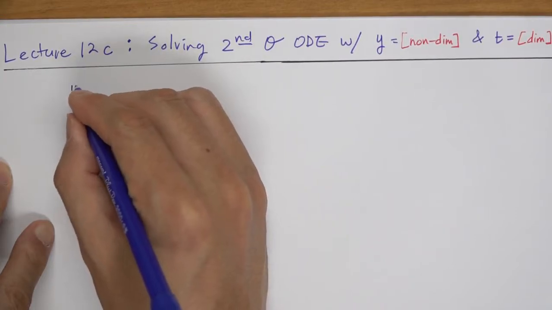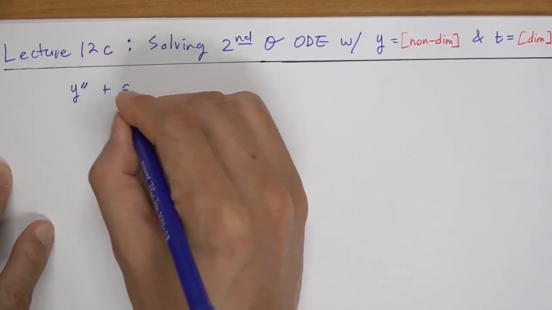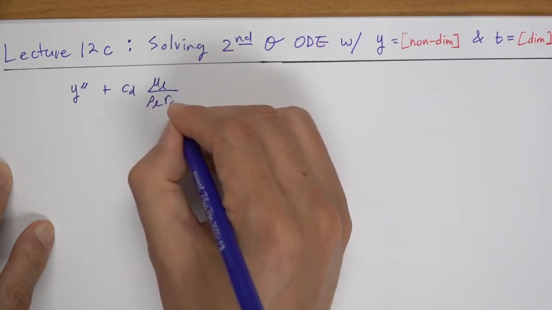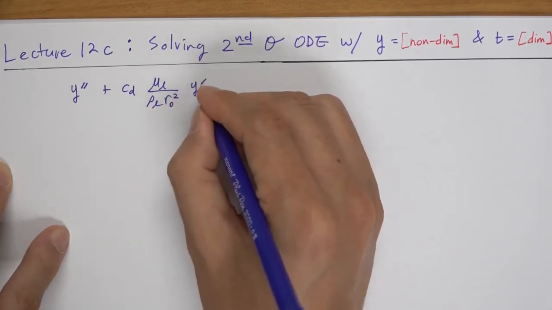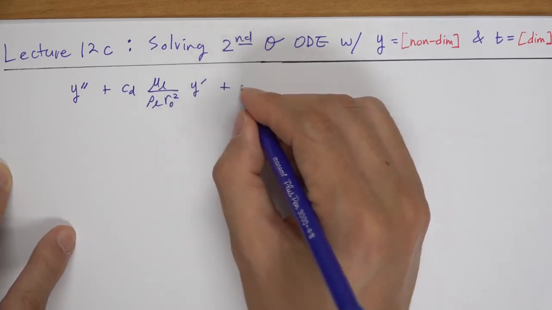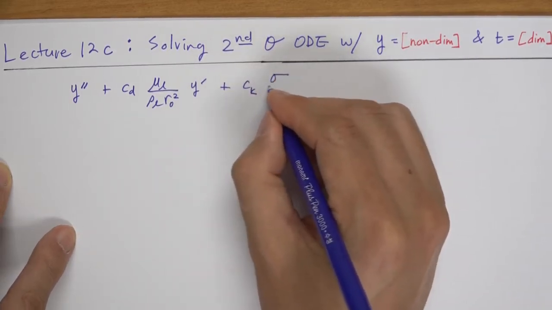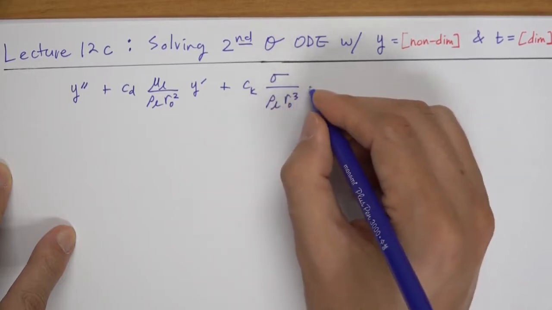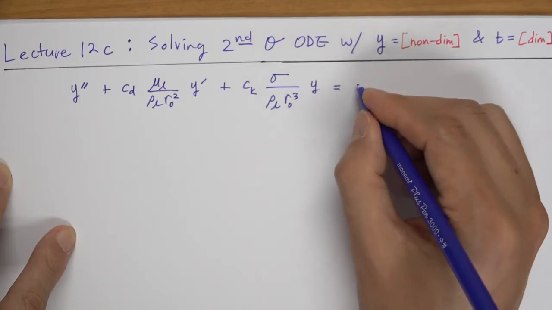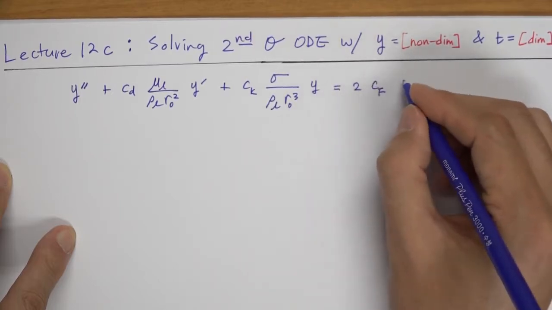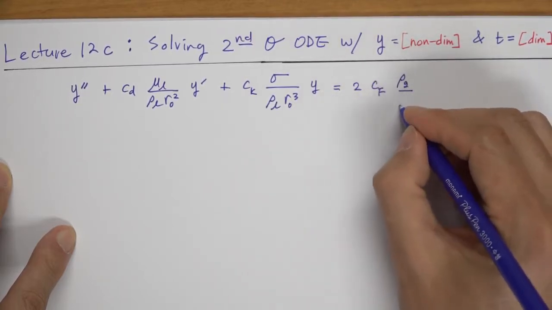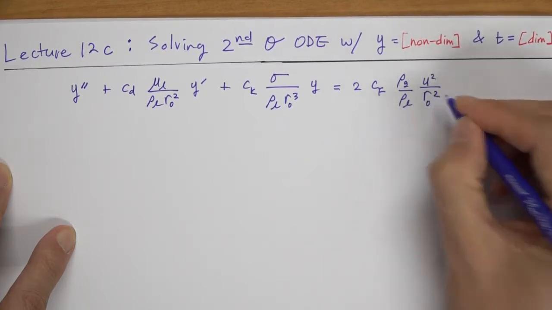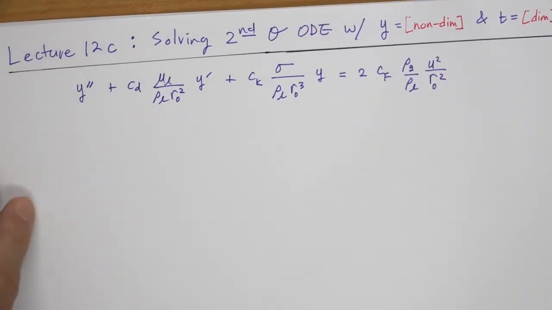So if I write that equation: y double prime plus cd mu l rho l rho squared y prime plus ck sigma rho l rho cubed y equals 2cf rho g rho l u squared rho squared.